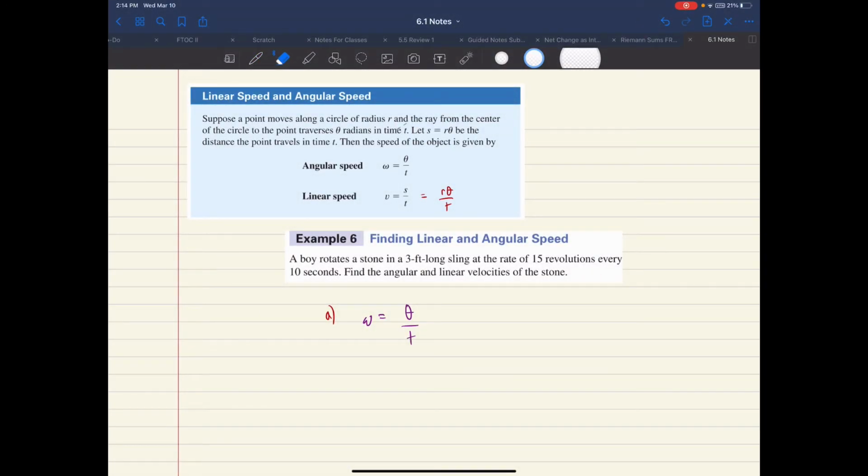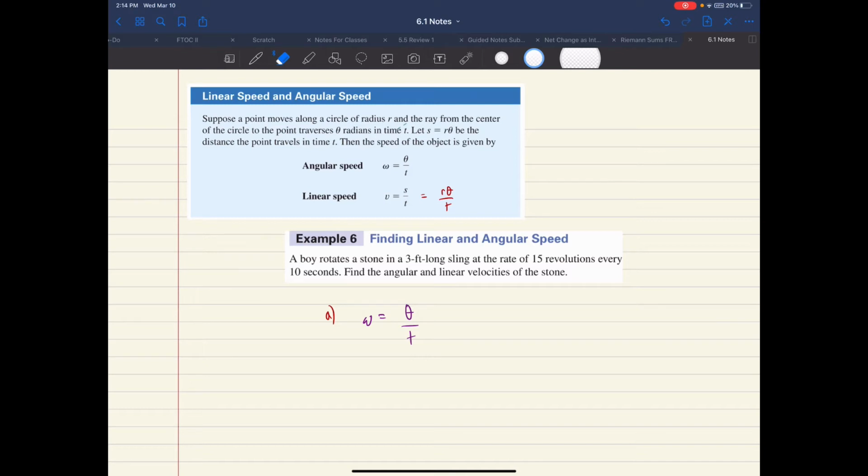So now we're going to look at linear speed and angular speed. Suppose a point moves along a circle of radius r, and the ray from the center of the circle to the point traverses theta radians in time t. Let s equals r theta be the distance the point travels in time t. Then the speed of the object is given by these two formulas.